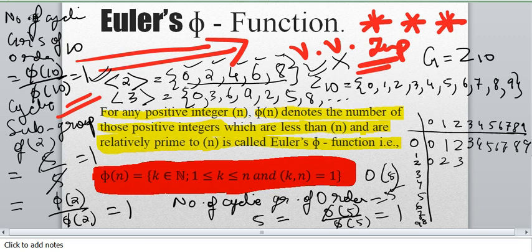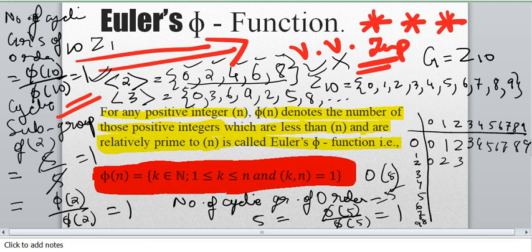This is 0, 0 plus 1, 0 plus 2, like that, 0, then plus 1, plus 2, plus 3, like that. It can be generated by 1. If it contains all the elements, then it is generated by that element. So you see Z10 is cyclic.